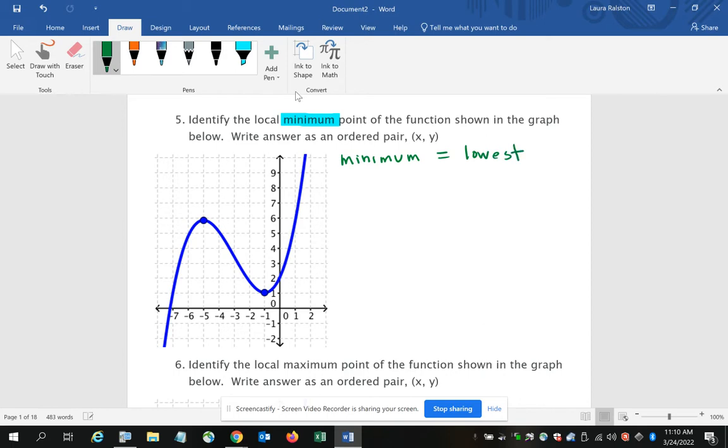Looking at this graph, the lowest point appears to be this point here. And it says to write it as an ordered pair, and that point would be -1, 1. It also reminds you to always write it in terms of x comma y. So the minimum point here is -1, 1.